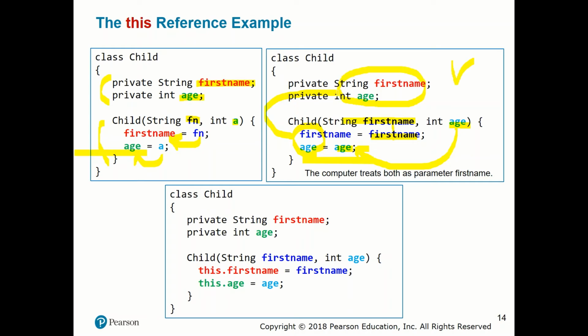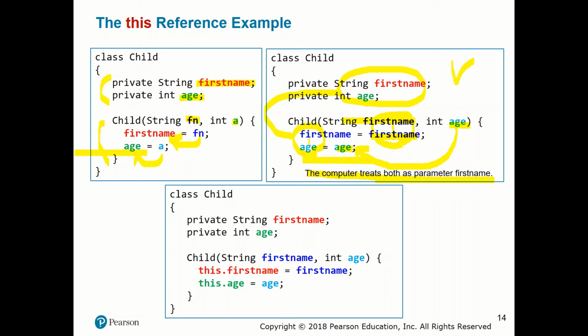Okay, so this is my purpose. But this does not work like that. At this time, the computer treats both as the parameter first name. As you see here, I hope the right side of the assignment should be from the parameter, and the left side of the assignment should be from the attribute.